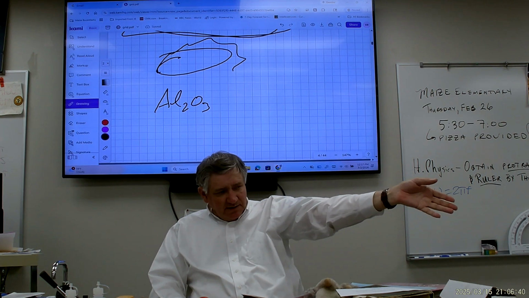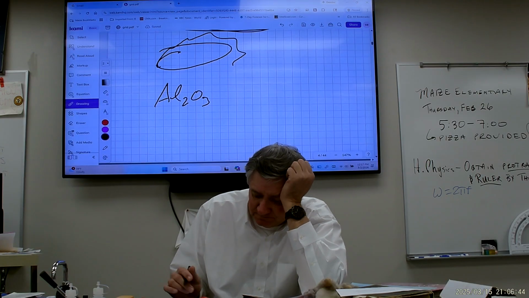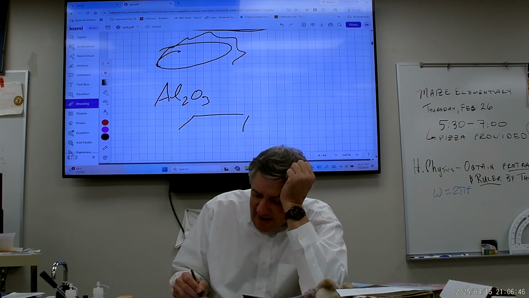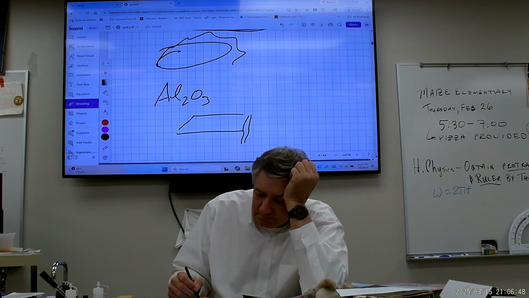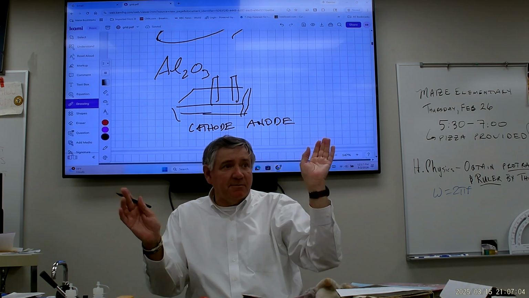There's aluminum oxide. Now, when you heat this stuff up, you would have this big vat, and just like any type of cell that involves electricity, you're going to have a cathode and you're going to have an anode. Same idea.